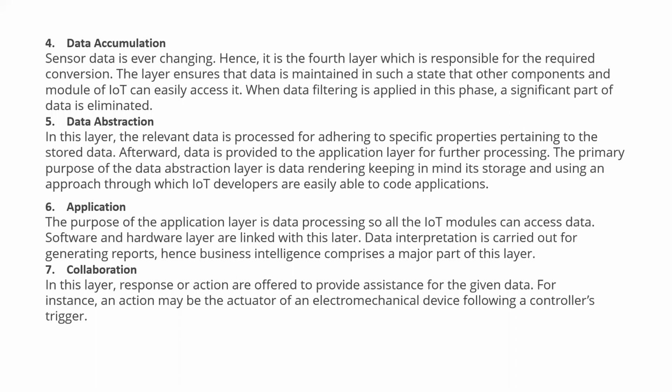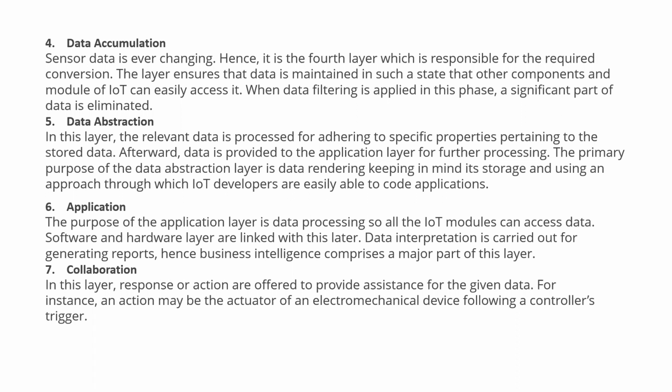Generally what is known as business intelligence is present in these reports. That is, certain actions are required to be taken, and those actions are listed out or generated in this application layer with the help of software.